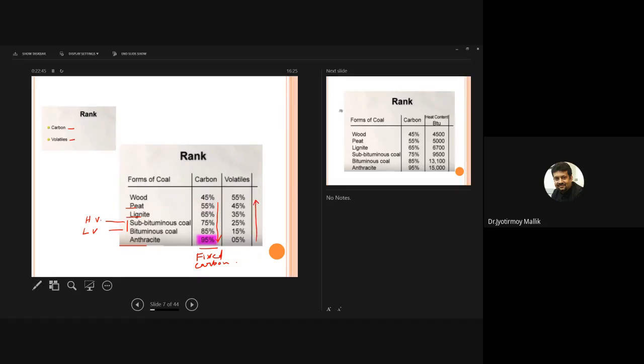So with rank, the fixed carbon increases and the volatile matter decreases. Okay? And that makes sense because with the progress in the coalification process, of course, it will be enriched in carbon and it will be depleted in the volatile matter.